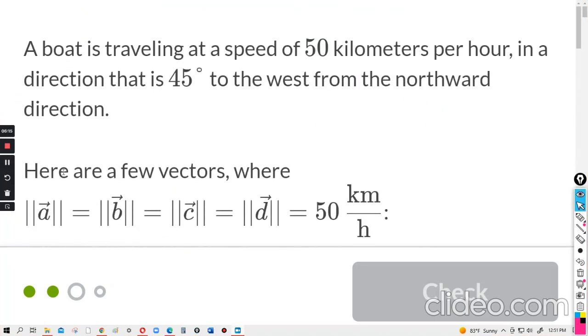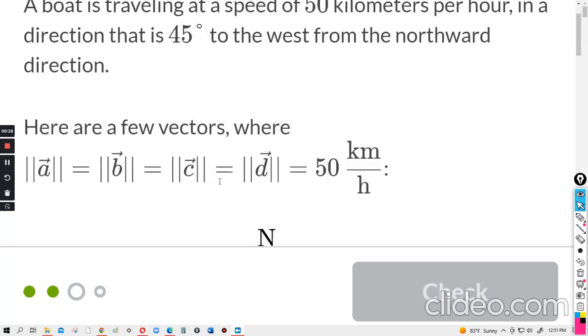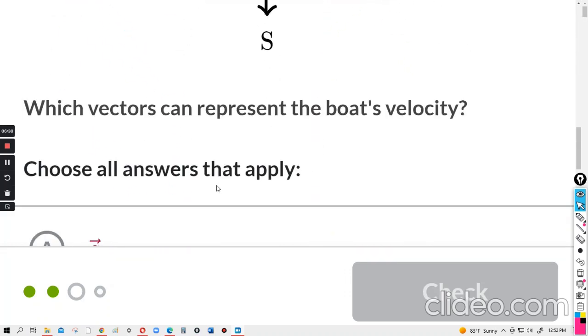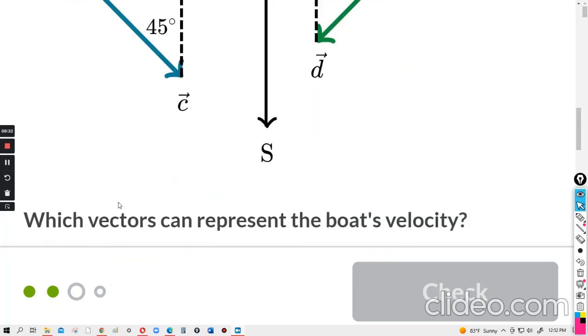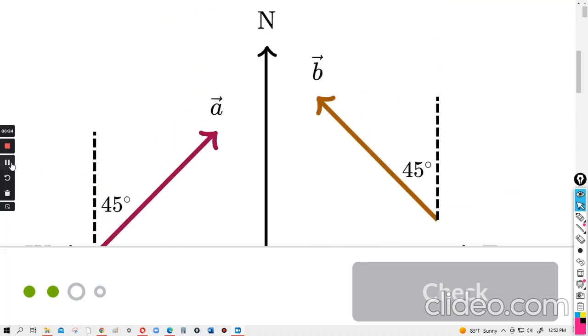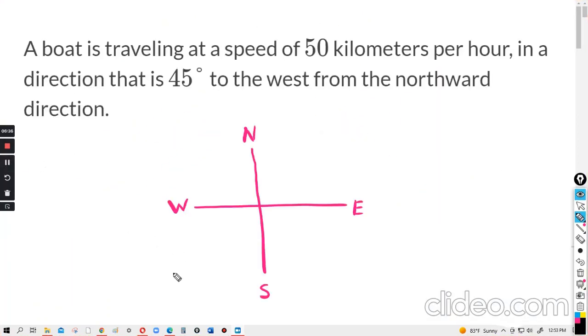It said a boat is traveling at a speed of 50 kilometers per hour in a direction that is 45 degrees to the west from the north. Here are the vectors. They're all equal magnitude, 50 kilometers per hour. And they want to know which can represent the boat's velocity. So like we said before, you don't really need to worry about magnitude on this type of problem.